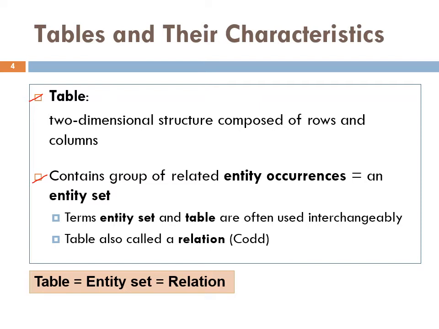That's why the terms entity set and table are often used interchangeably. A table is also called a relation by Codd. Codd is the relational model's creator. Basically, Codd used the term relation as a synonym for table. So a table can also be called an entity set and also a relation.